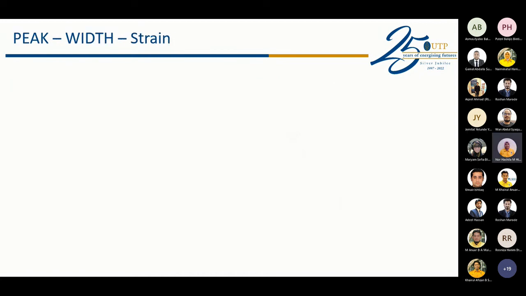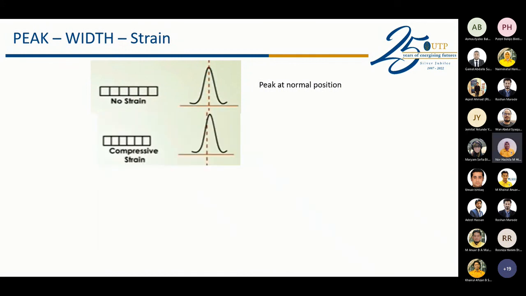The second one is the strain. If there is no strain on the sample, the peak will be at the normal position. If we compress the material, the peak will shift to a higher position, because the lattice size decreases.